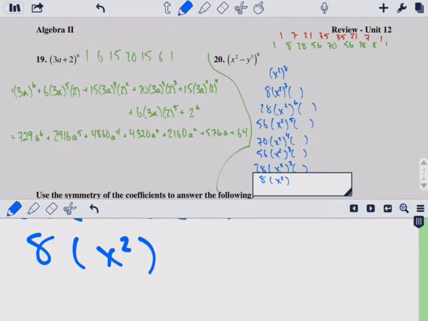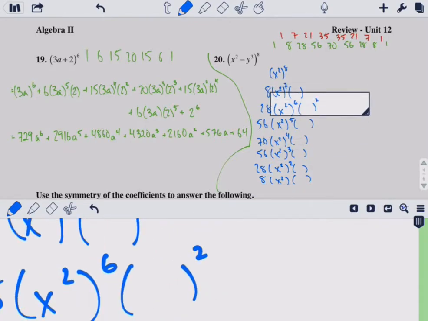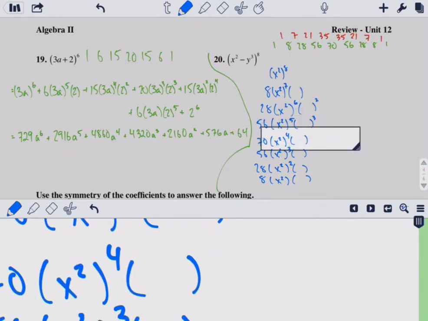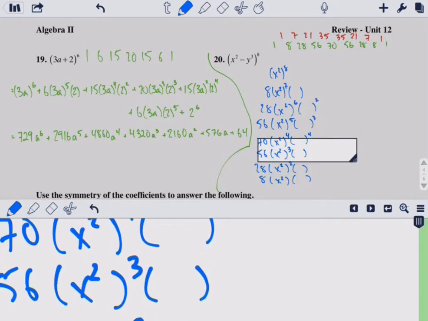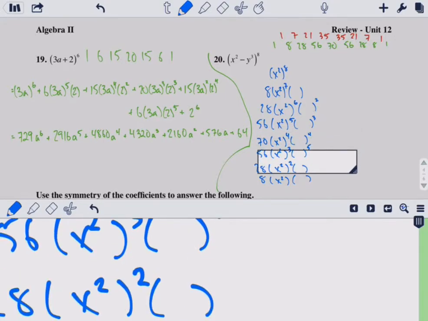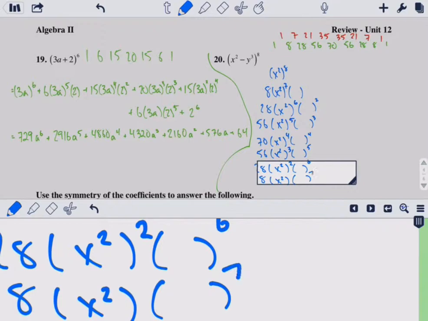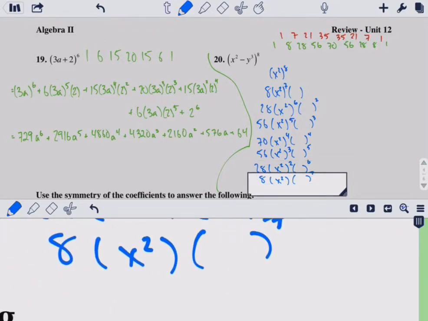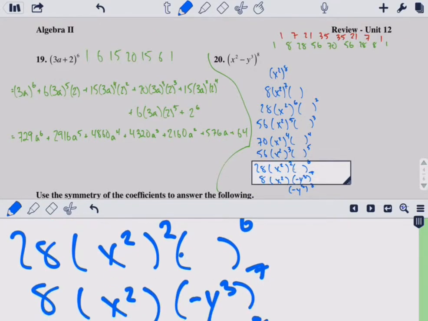And then the last times something, and again this is squared, cubed, 4th, 5th, 6th, 7th. Last one will be to the 8th, and then it's negative y cubed each time.